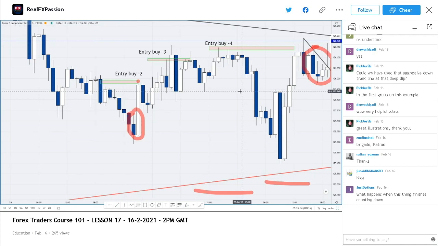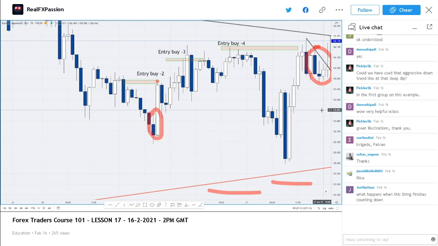Passion, why are you buying every counter trend line break? Answer: because I want you to see that if you put the stop loss below the uptrend line, you are going to win until the market does break the uptrend line.